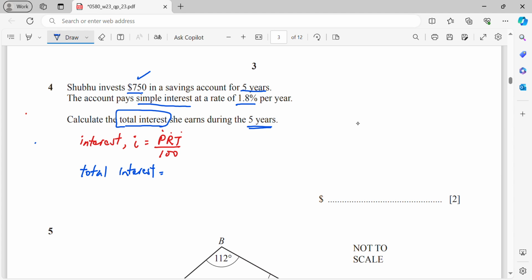The principal amount is $750. The R is 1.8, times T is 5 because of 5 years, over 100. So from here, you will be getting $67.50. That's the solution of question number 4.